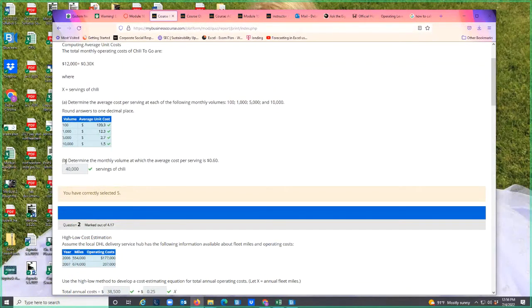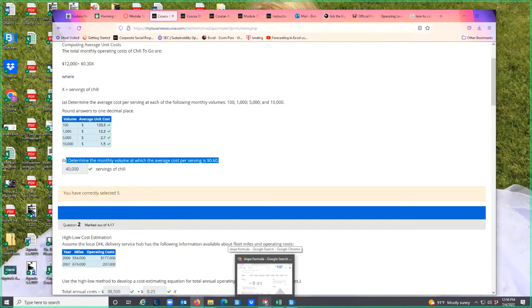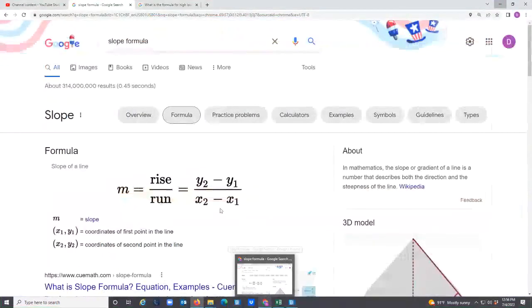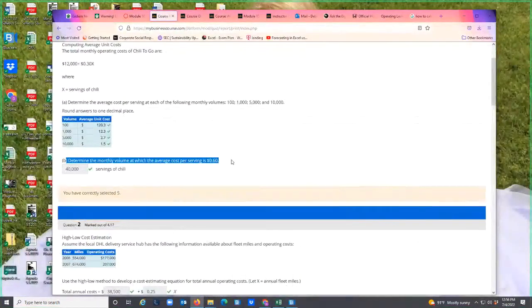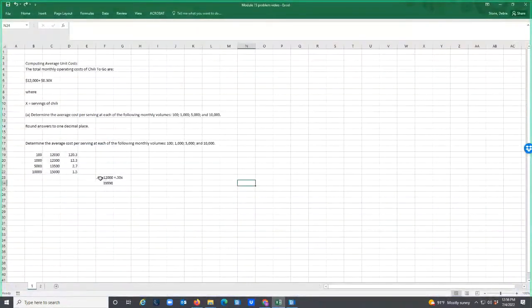We're determining the monthly volume at which the average cost per serving is 0.60. So what I did was I made an equation using this equation up here. I put 0.60 equals 12,000 plus 0.30x, divided by x. I solve for x and I get 39,998, so I got to round it.